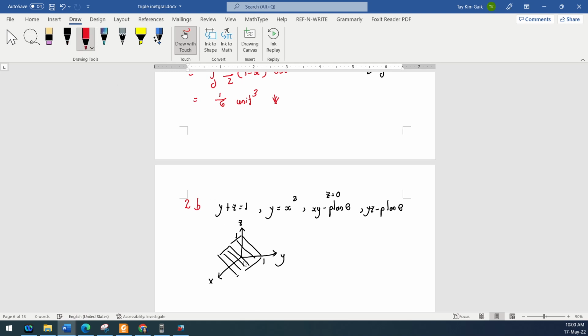Okay, because z is minimum 0, the yz plane is here, meaning the wall at the front, so it's here. So the combination y equal to x squared, you should have some sort of parabola, but because it is bounded by z equal to 0, x equal to 0.